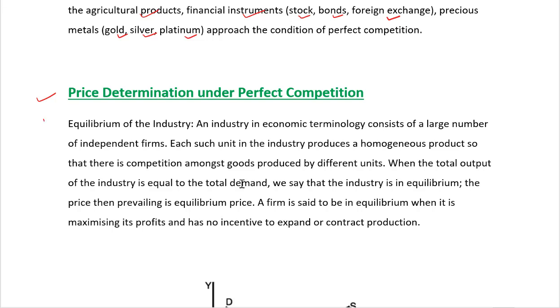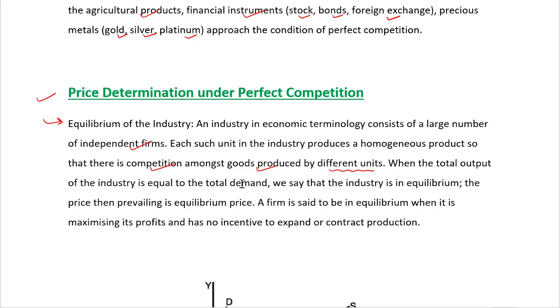Let us go through the text first. Equilibrium of the industry. An industry in equilibrium consists of a large number of independent firms. Each such unit in the industry produces a homogeneous product, so that there is competition amongst the goods produced by the different units.